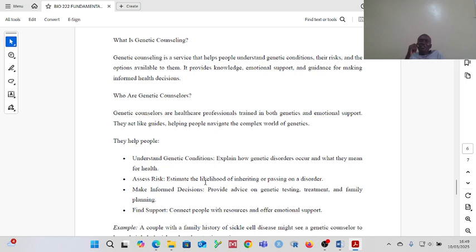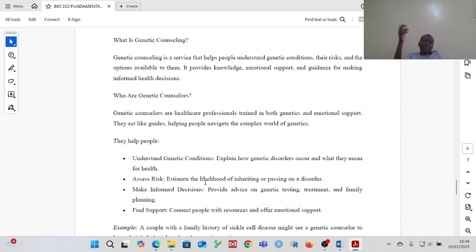The second thing that they help people do is assess the risk from that genetic disorder that they carry. The risk in this case is in terms of how likely it is that this disorder can be inherited.